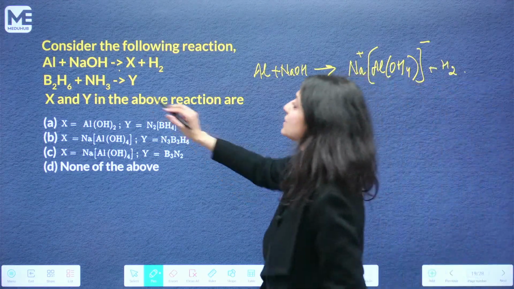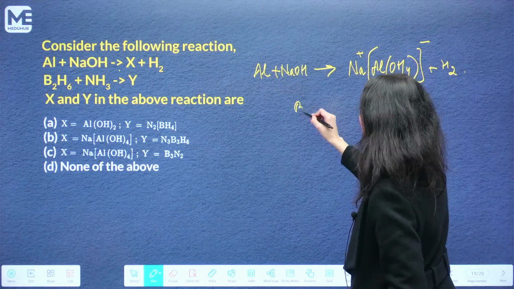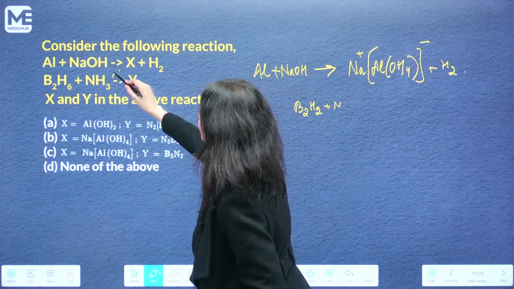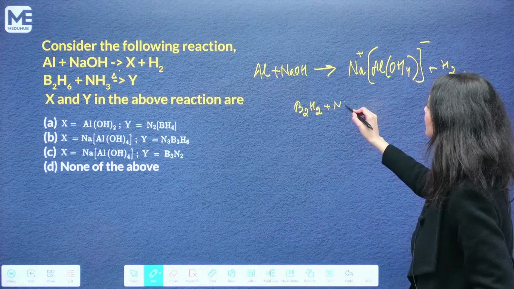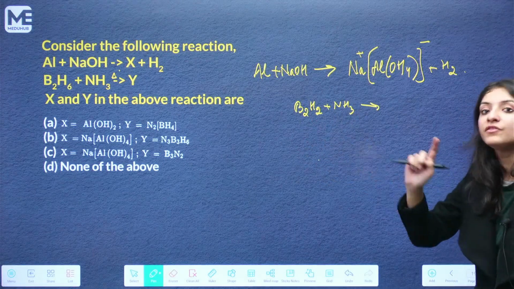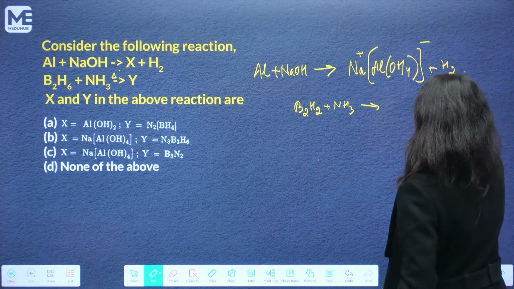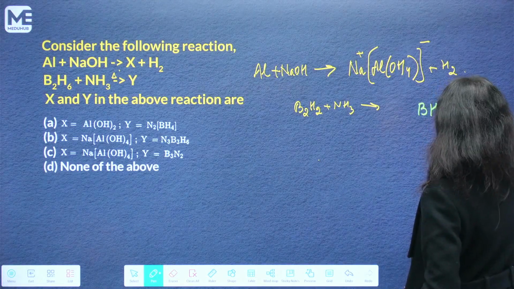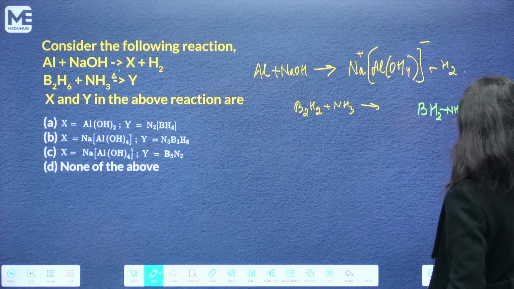The other reaction is diborane reacting with ammonia, and on heating with NH3. So diborane, when it reacts with ammonia, first it forms an ionic complex which is somewhat like this: [BH2(NH3)2]+.